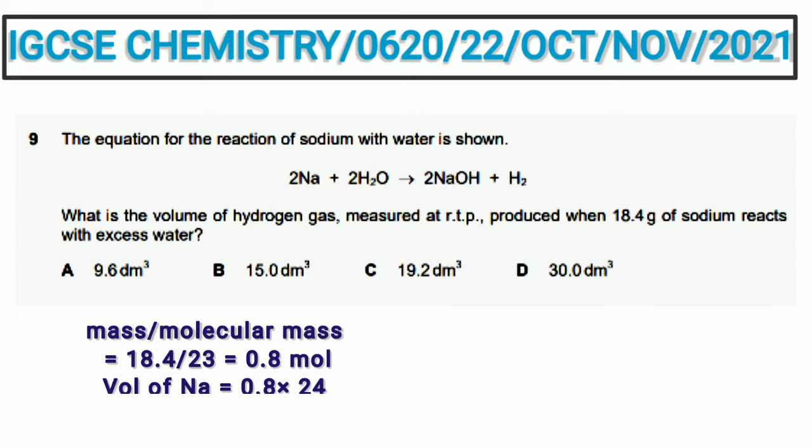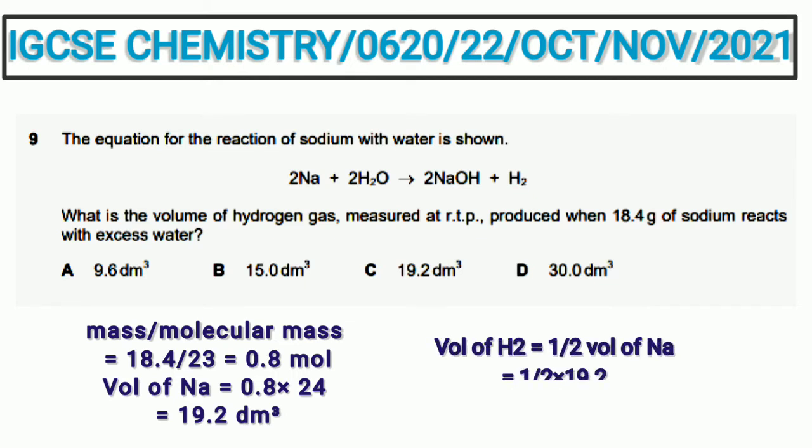Let us multiply it by 24 to change it into dm³. We can see from the equation that two moles of sodium produce one mole of hydrogen. So the volume of hydrogen will be half that of sodium, that is 19.2 divided by 2. That comes to 9.6 dm³. So the volume of hydrogen produced will be 9.6 dm³, that is option A is the correct answer.